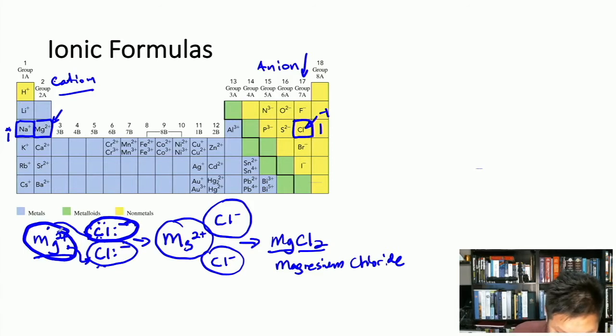Alright, let's try that again. This time we'll use sodium. So sodium is in group 1, which we already talked about, and it has a +1 charge, right? And so that means it has one valence electron. And we want to bind it to, say, sulfur.